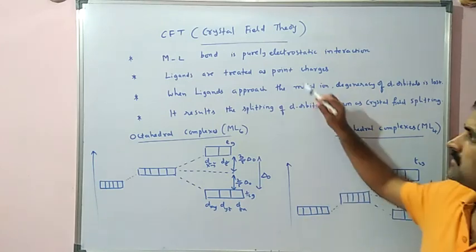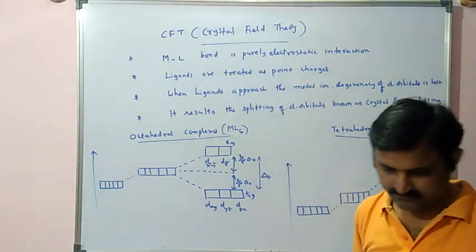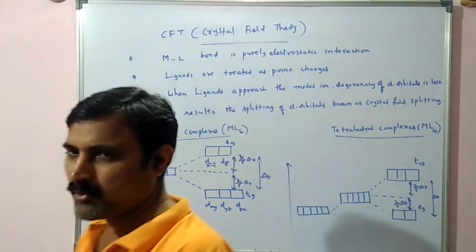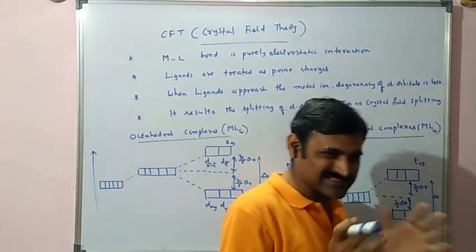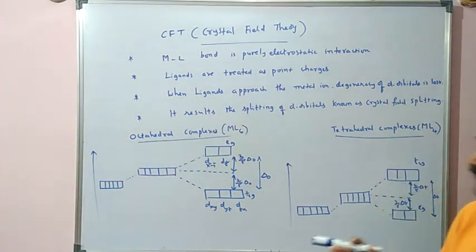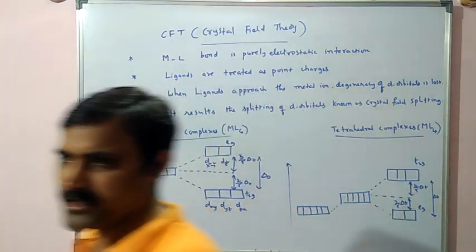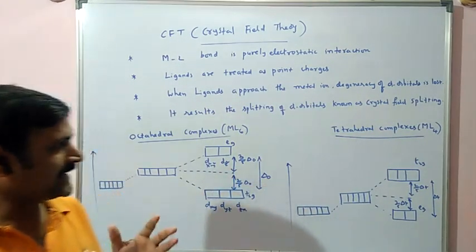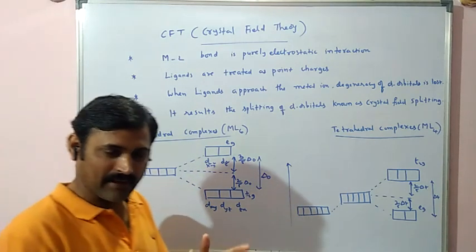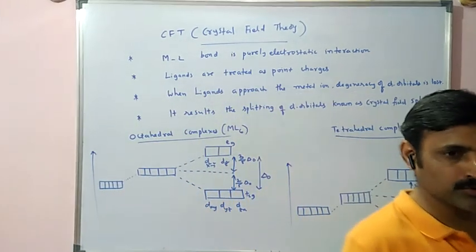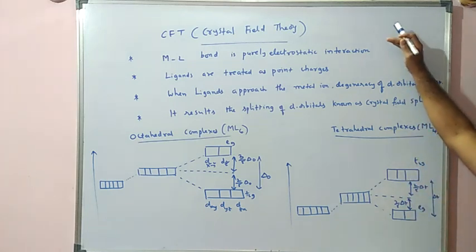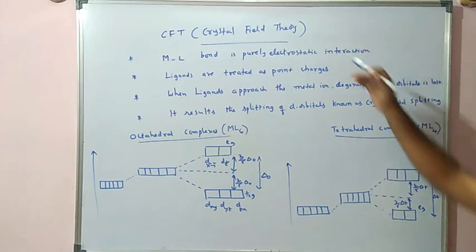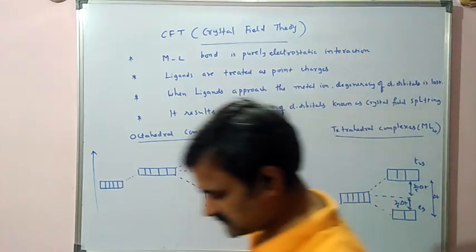In this theory, we are going to learn about why the different kinds of ligands are classified into strong field ligands and weak field ligands in deciding the geometry and the magnetic property of the compounds in the coordination complexes. Let us see the important things which are discussed in this crystal field theory.